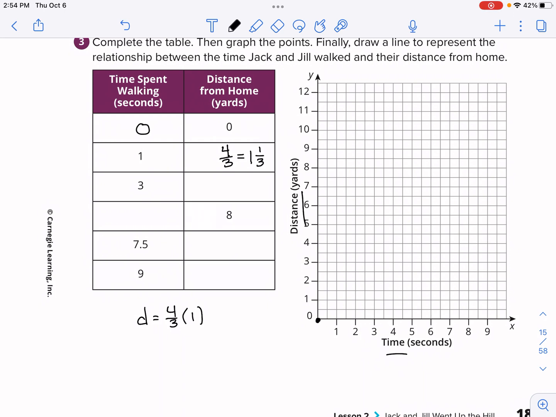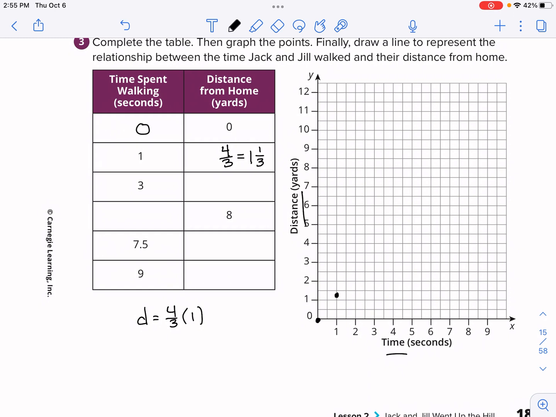So we're going to have to really try to approximate this here. Let's graph this. The second row is 1 second, so that is 1 to the right, and 1 1/3 up. So it's got to be somewhere right here. Just do the best you can to graph that.